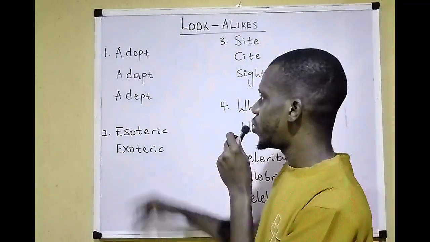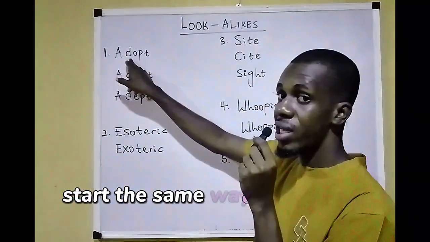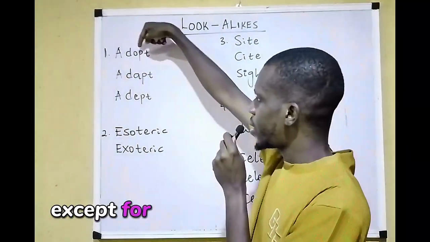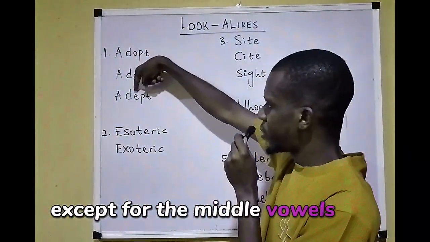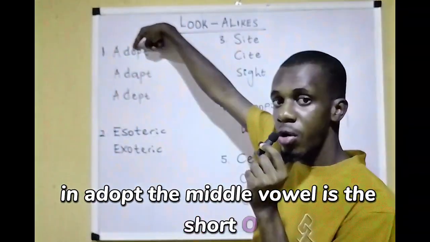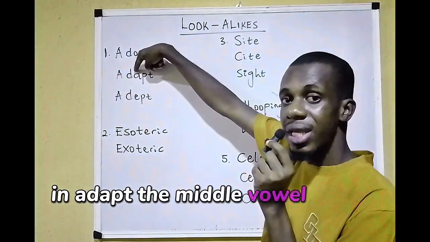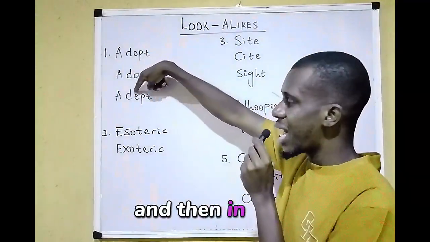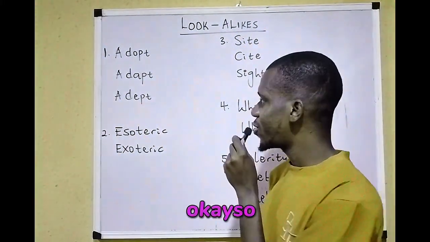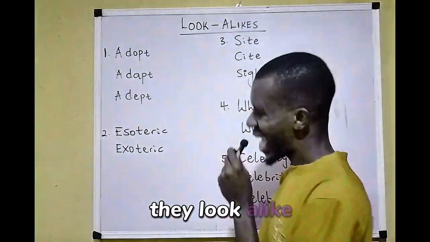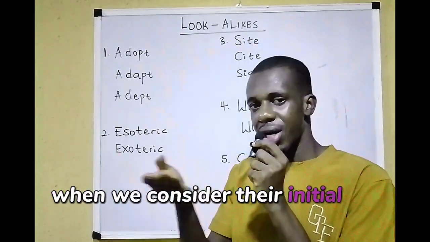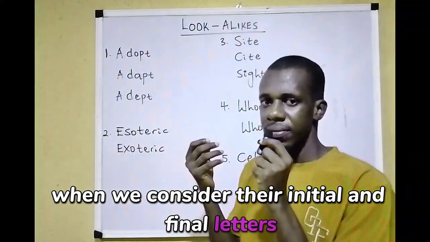You notice they all start the same way and end the same way, except for the middle vowels. In adopt, the middle vowel is the short O. In adapt, the middle vowel is the short A. And in adept, the middle vowel is the short E sound. So they look alike when we consider their initial and final letters.